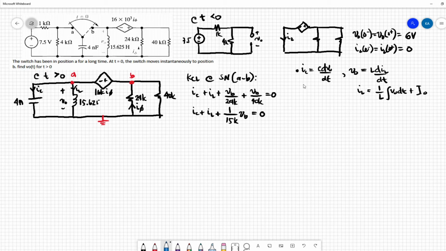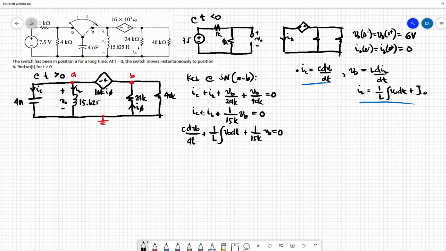So using these equations, we have C dVo/dt plus 1 over L integral of Vo dt plus 1 over 15k VB equals 0.